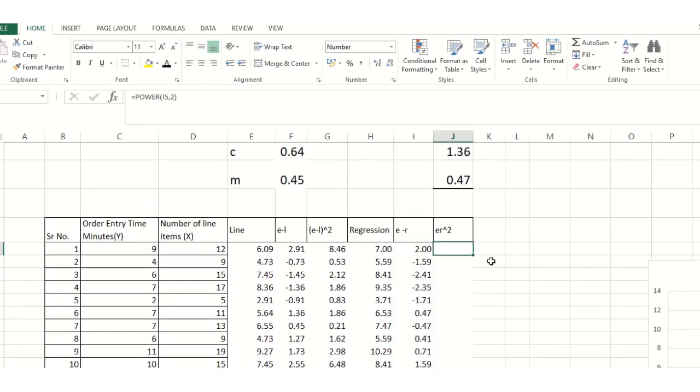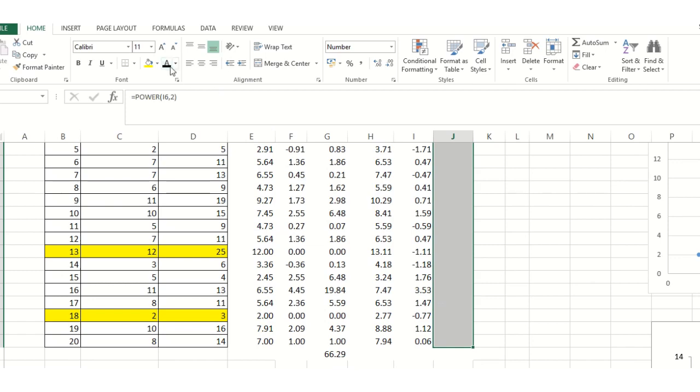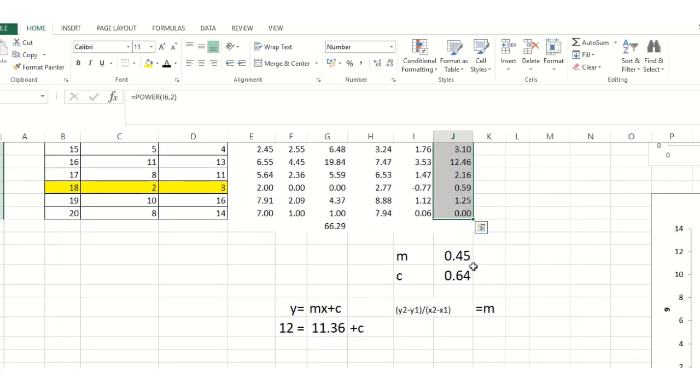Now we need to take the square of this. The square. Now I am summing it up. When I sum it up, I am getting 47.19. Now you can see there is a huge difference between these two values. The errors are much less than for the line we constructed by taking 2 points.